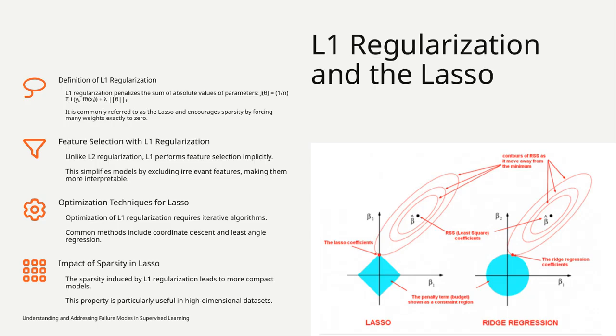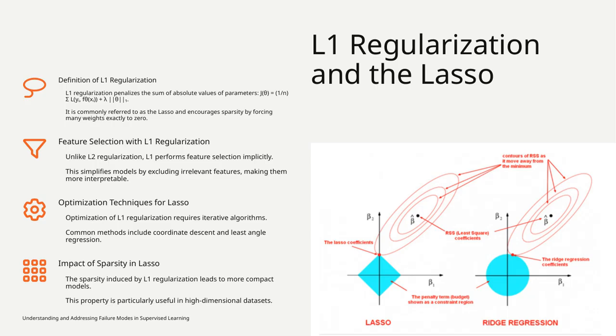When it comes to optimizing models with L1 regularization, it requires specific iterative algorithms. Common techniques include coordinate descent and least angle regression, both of which are designed to efficiently handle the non-differentiability at zero caused by the absolute value penalty.